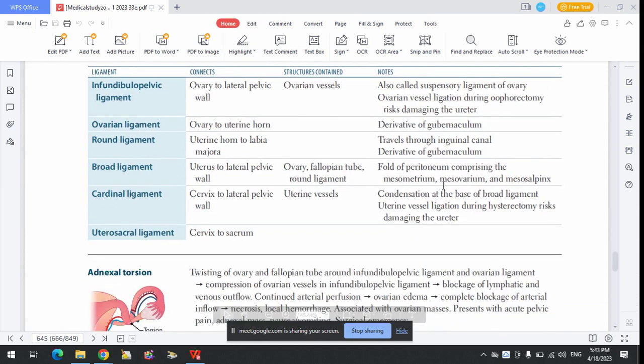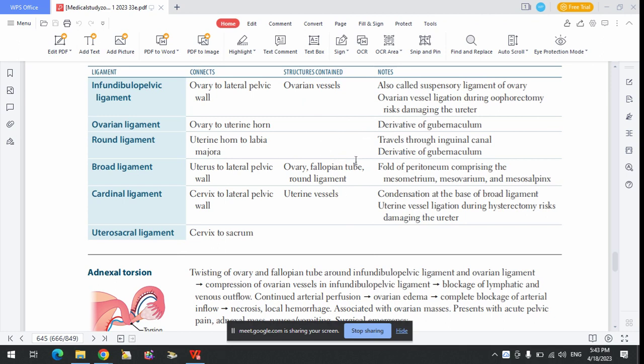I know they're asking a couple of questions, like: the person has cervical cancer and they want to do a surgery, which structures will be disturbed? Somebody with PPH, which structures will be disturbed? Majority of the time, it boils down to the ureter.